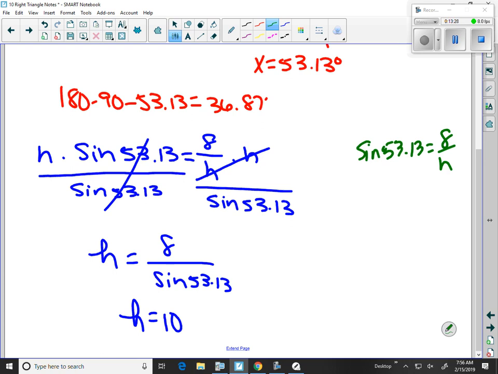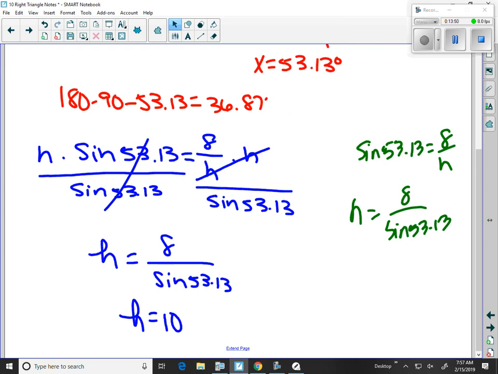So you don't need to solve it every single time. Just switch these guys. If what you're looking for is in the denominator here, just switch these two. Put it in your calculator. You can solve it if you want, but that's the quick trick. We'll do that a couple more times here. Any questions on the first one?